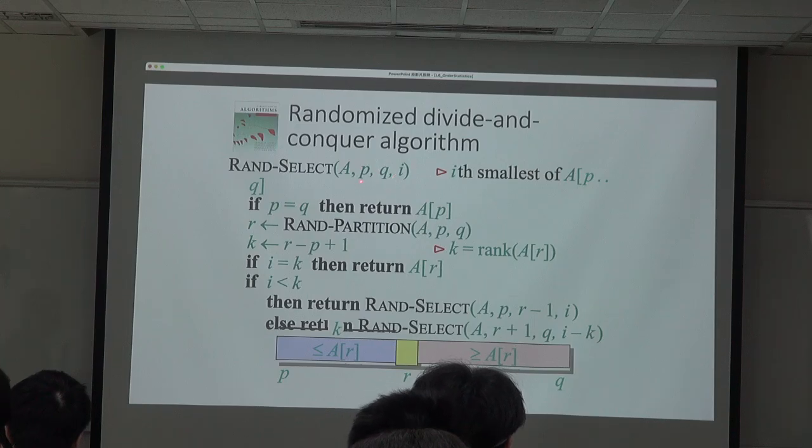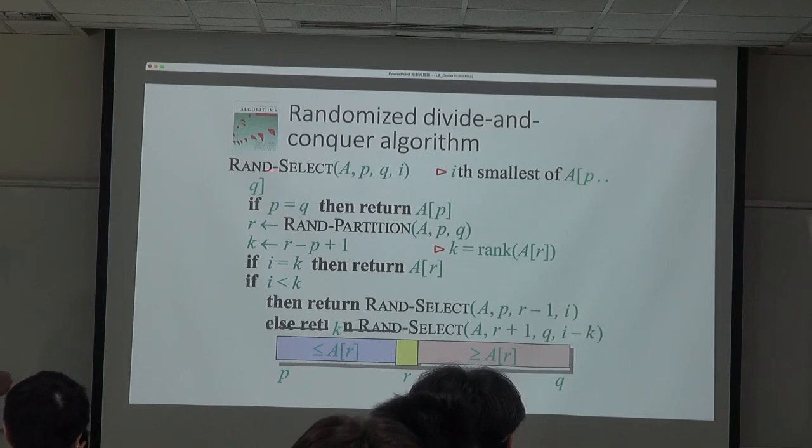Basically, P and Q stand for the two ends of the index range that you are considering in the array, a starting index and an ending index. At the beginning, P will be 1, and Q will be n, right?